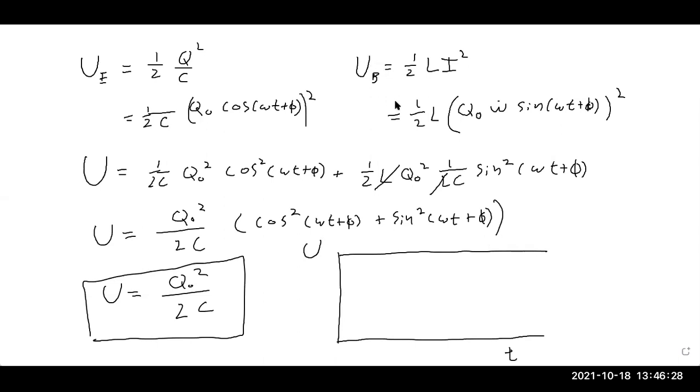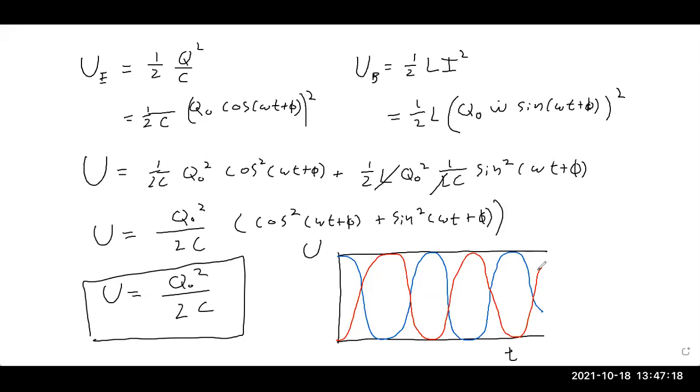But if you look at the electric field energy and the magnetic field energy, wherever the current is biggest, that's when there's no charge on the capacitor, so all of the energy is in the magnetic field.